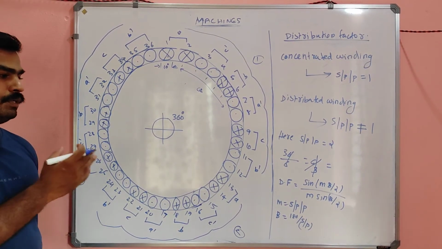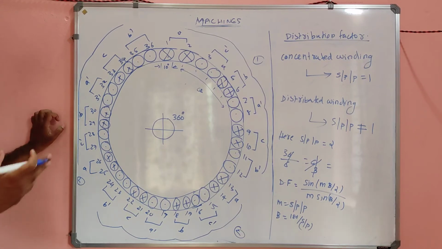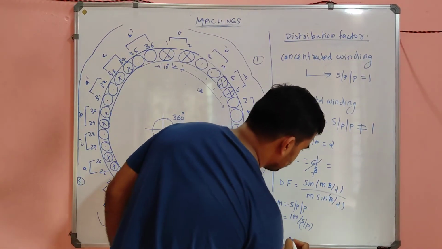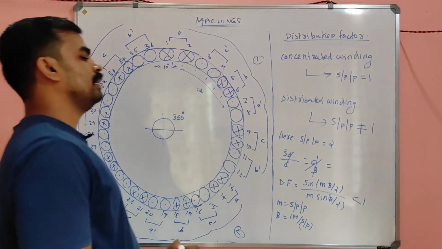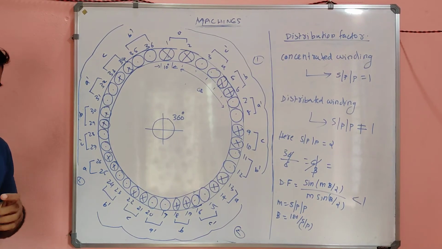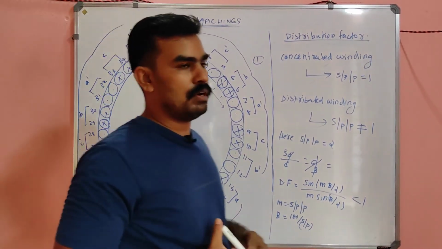If you know beta and m, you can directly go for the distribution factor, and the value will be less than 1. The pitch factor is also less than 1.